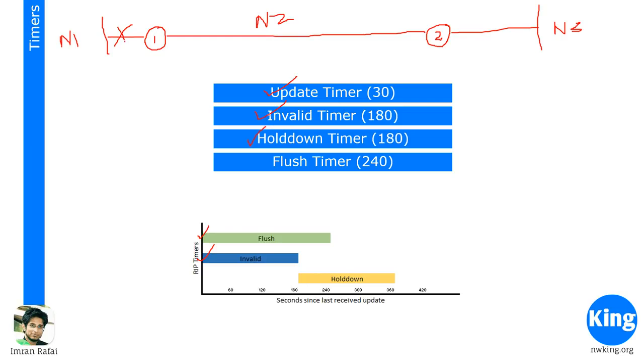So invalid and flush timer start together, and when the flush timer reaches 240 seconds, whichever network that flush timer was for, it deletes that network from the routing table and the updates are sent back. That's what the timer is.